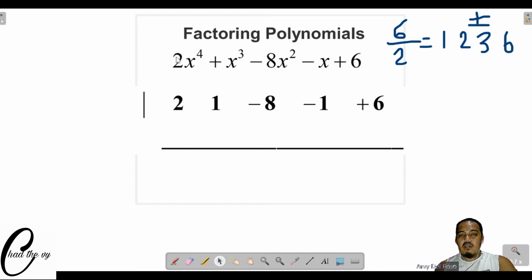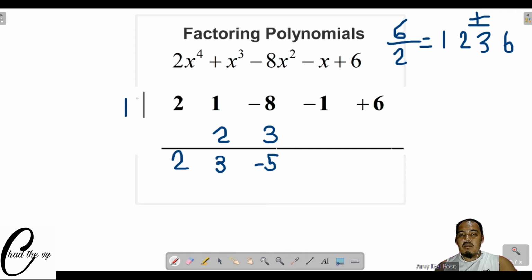Bali ito, 2 kasi numerical coefficient, then 1, negative 8, negative 1, and positive 6. Okay, so start na tayo. Unahin natin yung positive 1 dito. So bring down tayo sa synthetic 2. 2 times 1 is 2. And 1 plus 2 is 3. 3 times 1 is 3. Negative 8 plus 3 is negative 5.